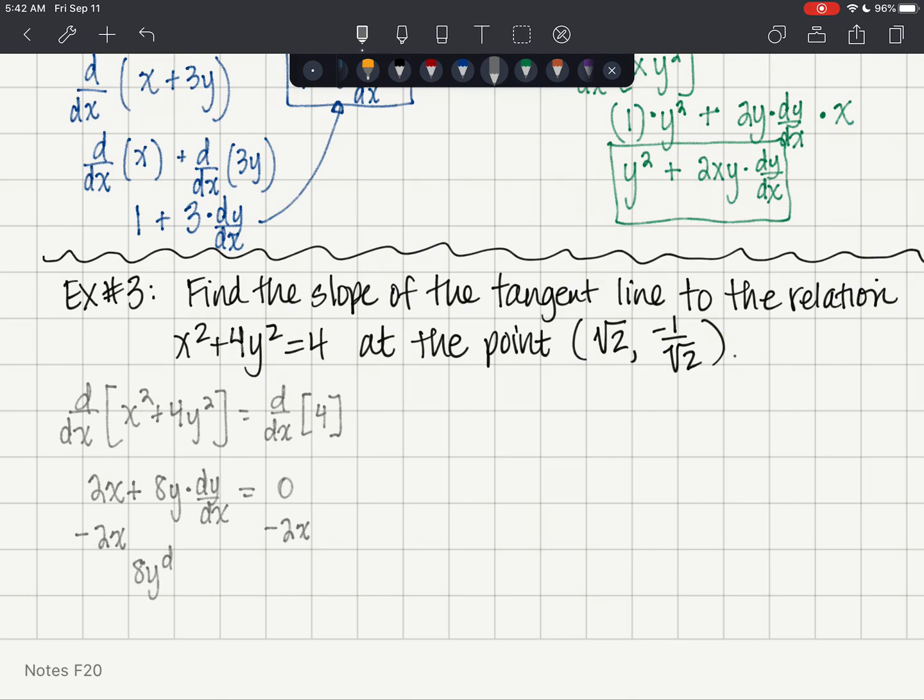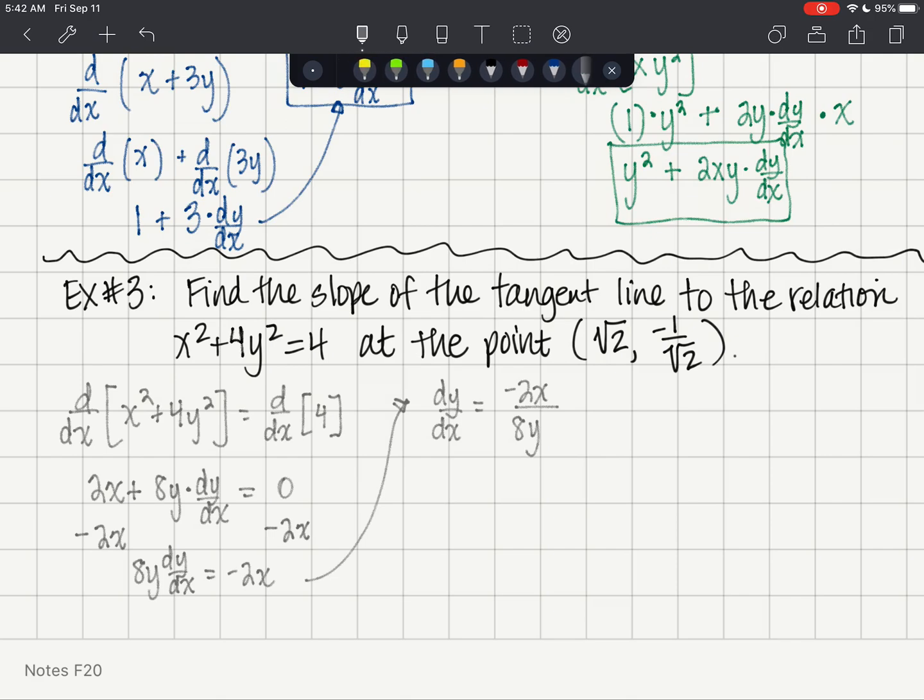The reason I'm doing this is because I need that derivative, and that derivative is dy/dx. So I'm going to solve for dy/dx. Now I'm going to divide both sides by 8y. dy/dx is equal to negative 2x divided by 8y. We can reduce the negative 2 and the 8 if you'd like, or we can just keep them where they are right now and reduce later.